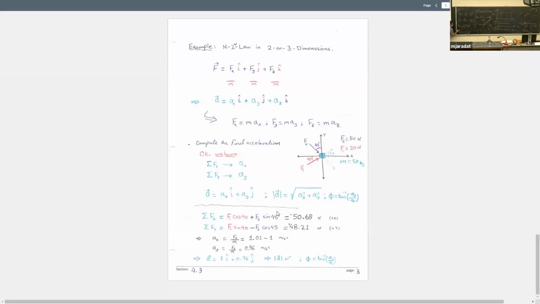The acceleration magnitude is the square root of Ax squared plus Ay squared. The angle phi: this is phi. Phi is equal to tan inverse of Ay over Ax, which is the same as tan inverse of Fy over Fx, because they are in the same direction. But there is a scalar product, which is the mass.